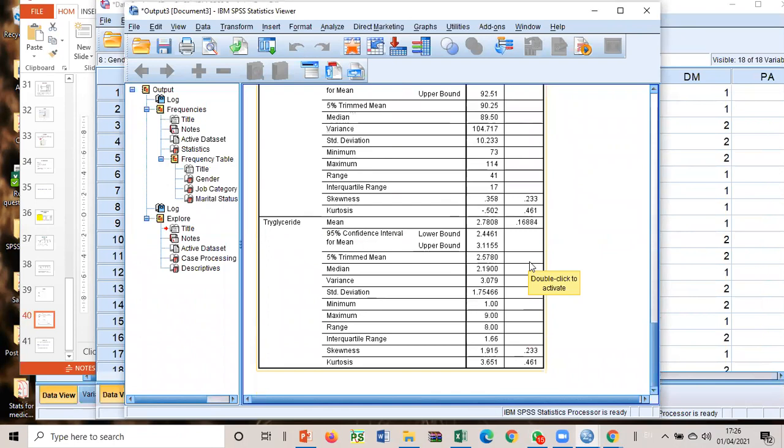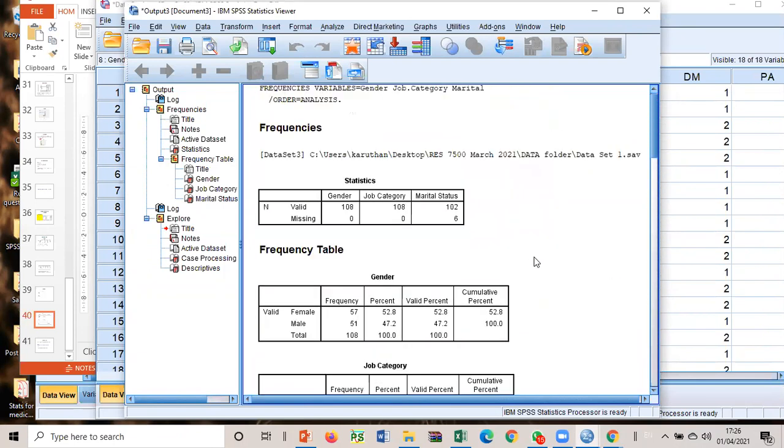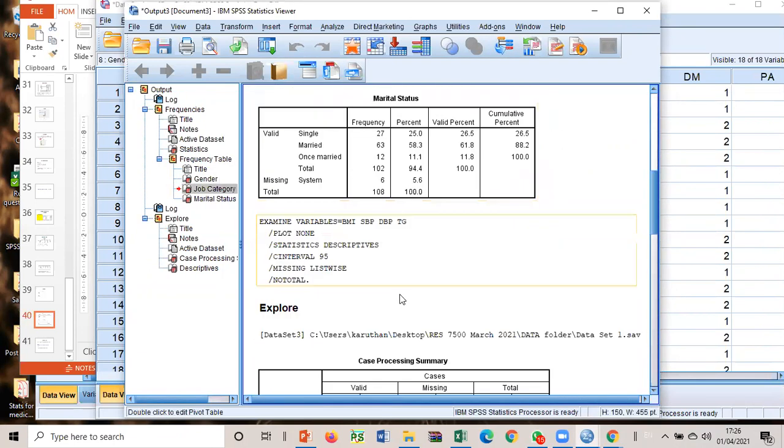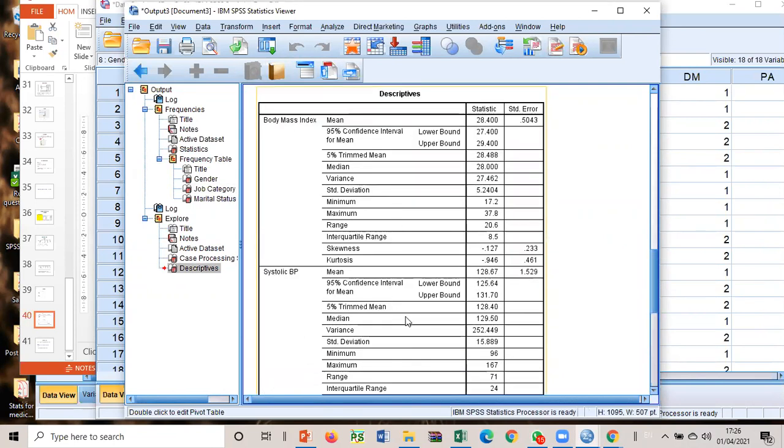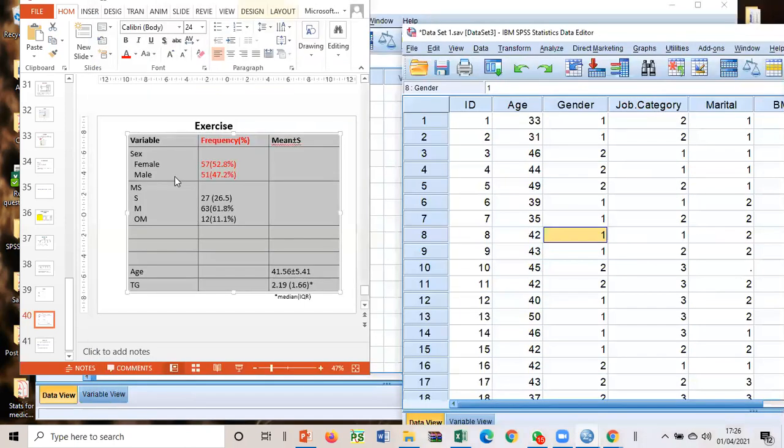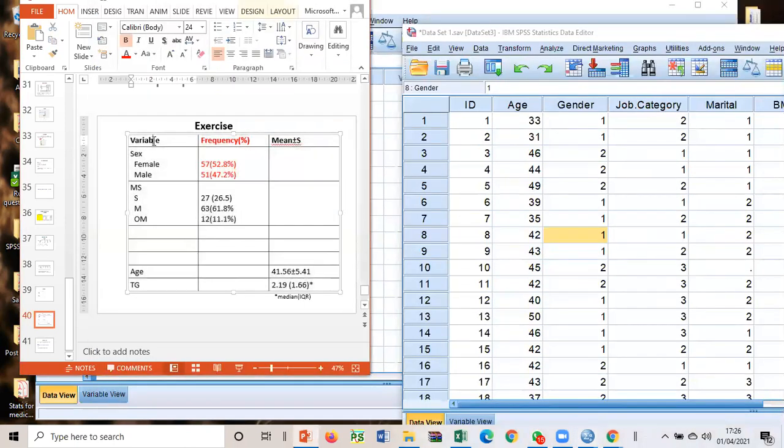So the descriptive table, this table for qualitative variables, and this table for quantitative variables. I'll send you, and you're supposed to fill up this table accordingly.